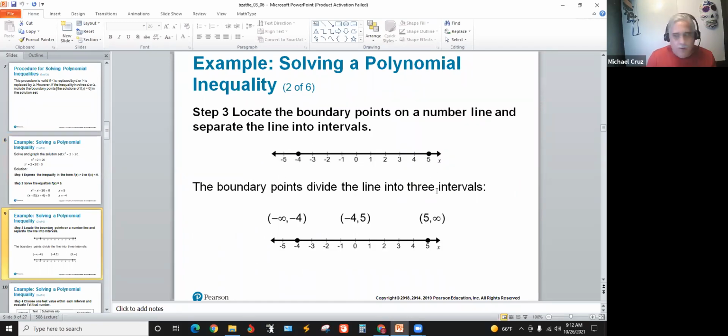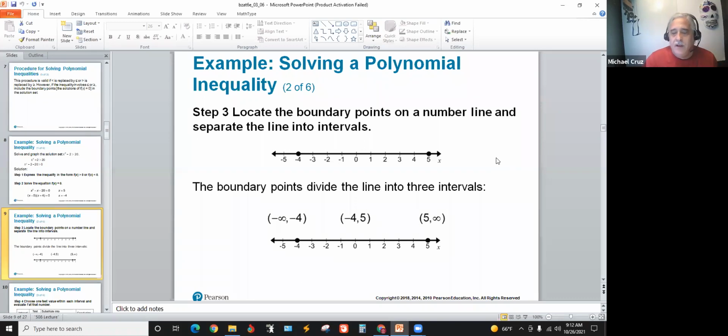It doesn't matter what you're looking at, because you don't know yet whether we're going to include that value or not. It's just that's where we're going to check one over here, one in this one, and one on the other, because the two boundary points create three separate segments.